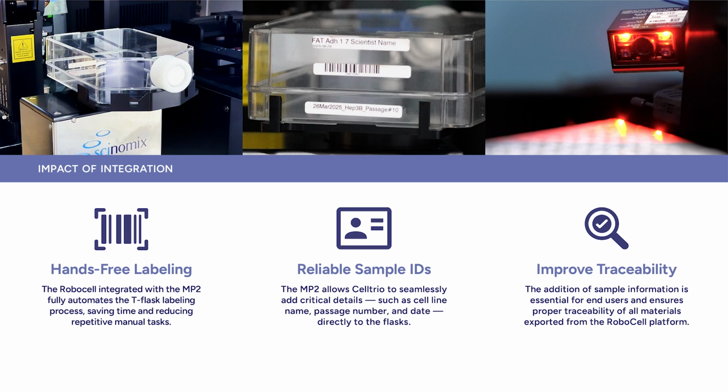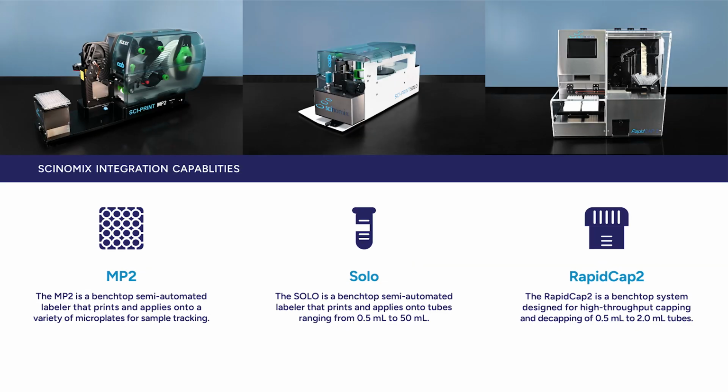And then again, through being able to automatically put this critical information onto the system and validate it either through the internal barcode scanner on the Scinomix or through the barcode scanning capabilities within the RoboCell platform, we're able to improve the traceability of the products that we produce within the RoboCell platform. You can go to the next slide.